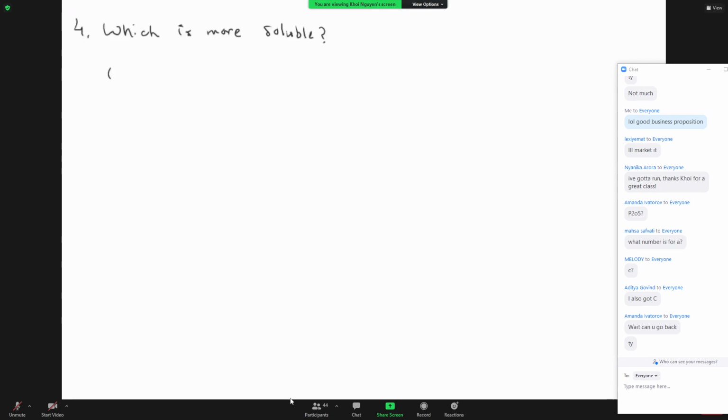We have calcium fluoride, CaF2, which has a KSP of 1.08 times 10 to the negative 10. And we have calcium carbonate, which has a KSP of 9 times 10 to the negative 10. That's all you're given. So we have to determine the solubility based on that, not just given their KSPs.